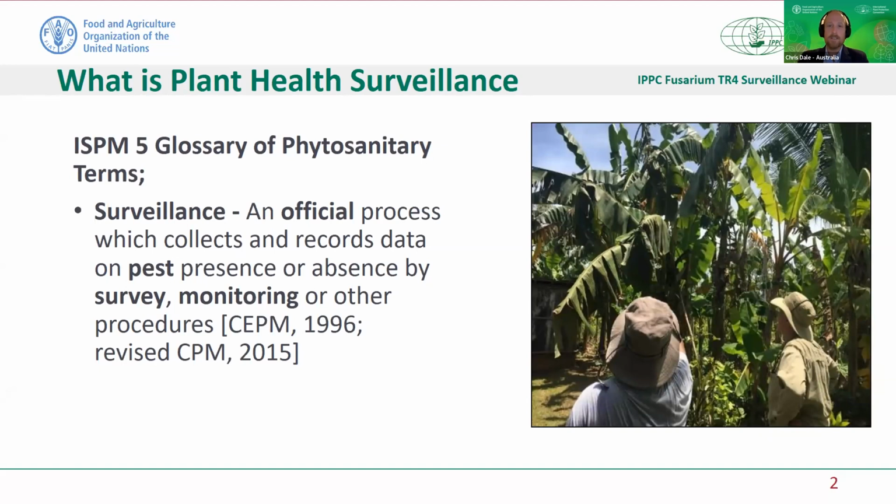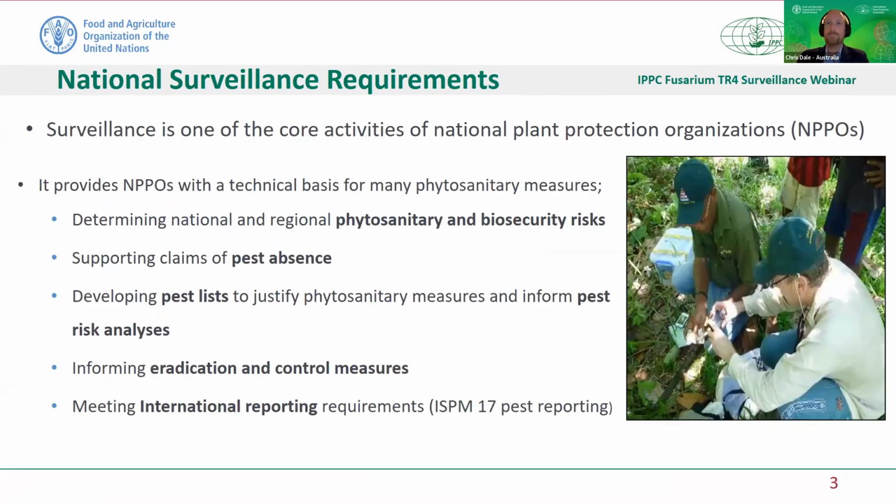The most current term for surveillance is an official process which collects and records data on pest presence or absence by survey or monitoring or other procedures. That was updated in 2015, so it's quite a current and contemporary definition of surveillance.